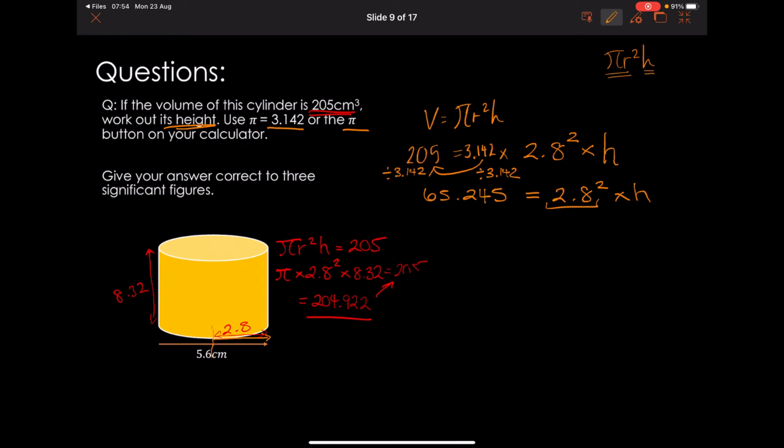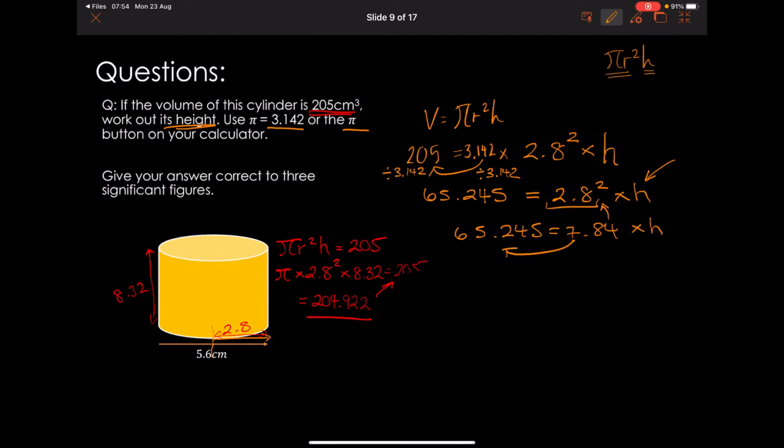I still would have had to do 2.8 squared because I can't square root that number without having to square root h, and I don't want to do that. So I now know that 65.245 equals 7.84 times h, because I've squared it.